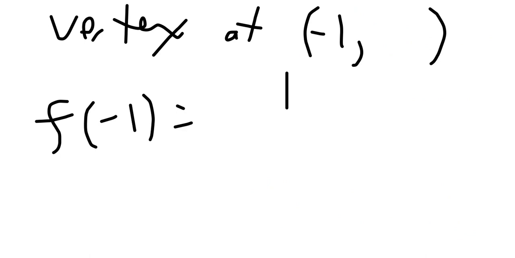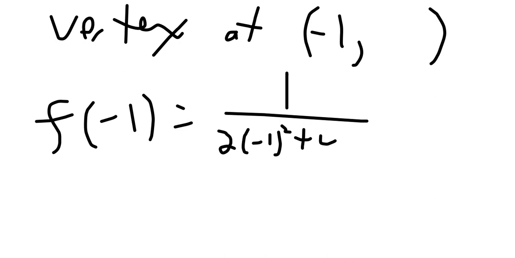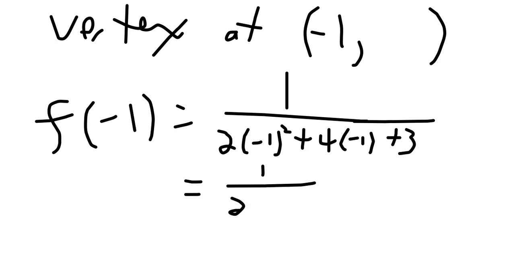So it is 1 divided by 2 times -1 squared, plus 4 times -1, plus 3. So that's 1 over 2 minus 4 plus 3, which is 1 over 1, so that whole thing is equal to 1. That tells us that our vertex, that bump, is at (-1, 1).